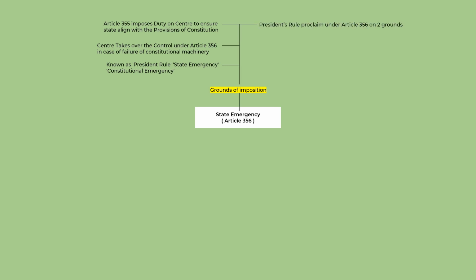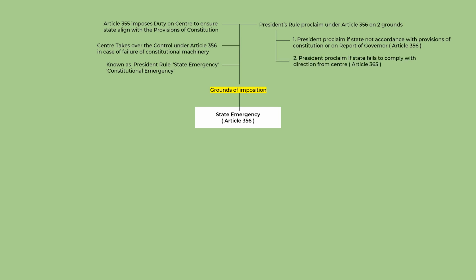President's Rule is proclaimed under Article 356 on 2 grounds. First, the President proclaims it if the state is not in accordance with the provisions of the Constitution or on the report of the Governor under Article 356. Second, the President proclaims it if the state fails to comply with the direction from the center under Article 365 of the Indian Constitution.